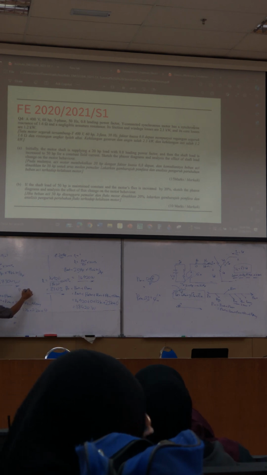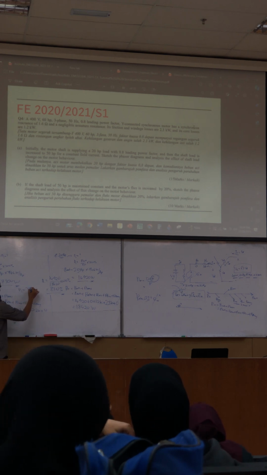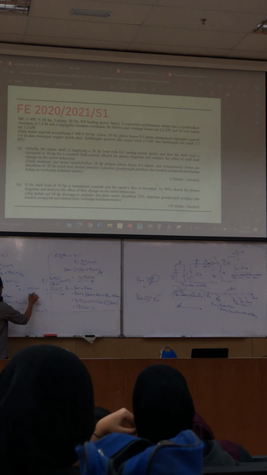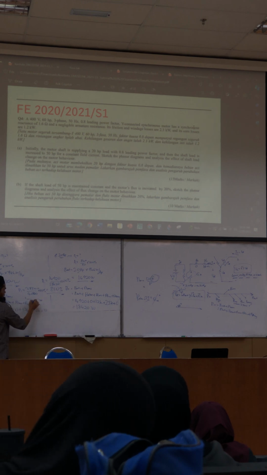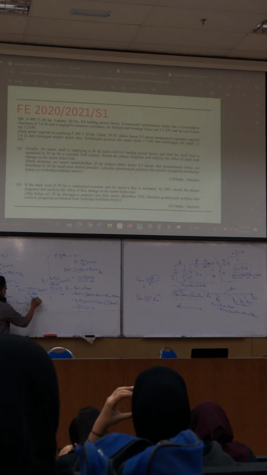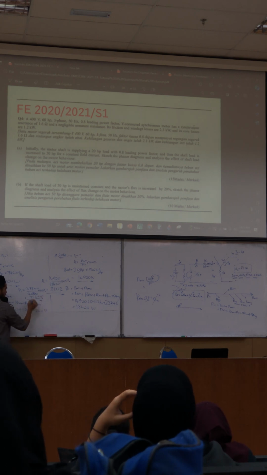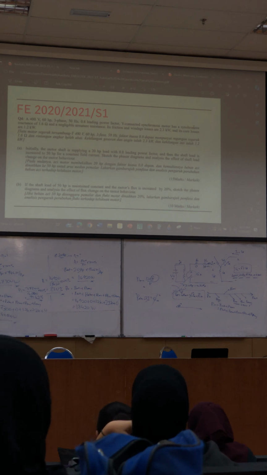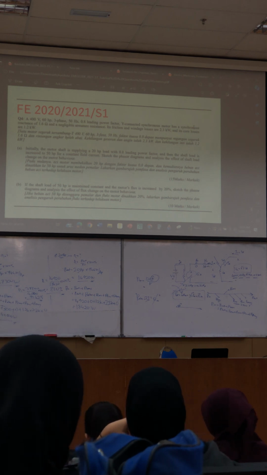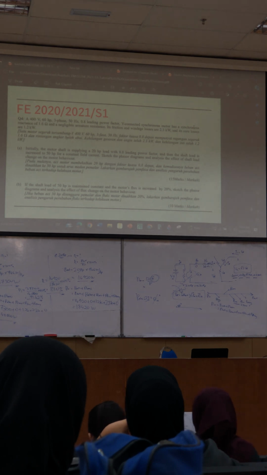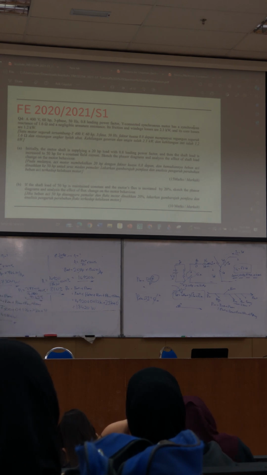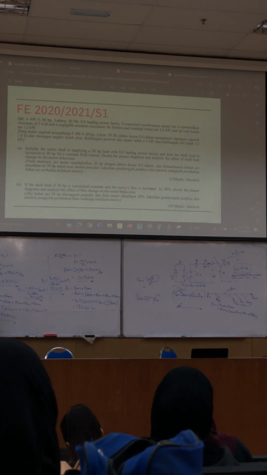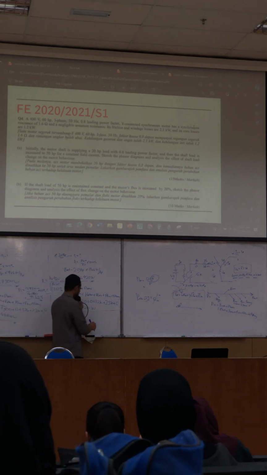So your efficiency becomes 37,300 over 40,800 times 100%, which is 91.42%. In terms of comment, you can comment: lower load, efficiency low; higher load, efficiency increases.